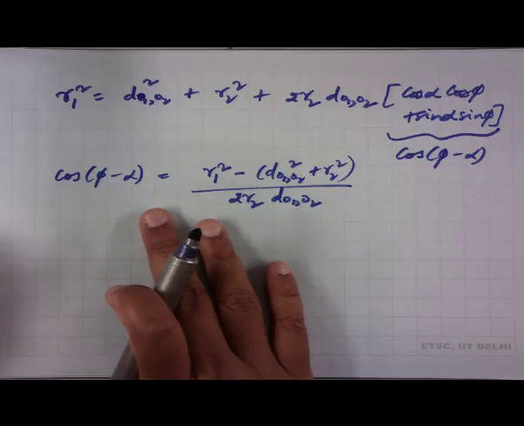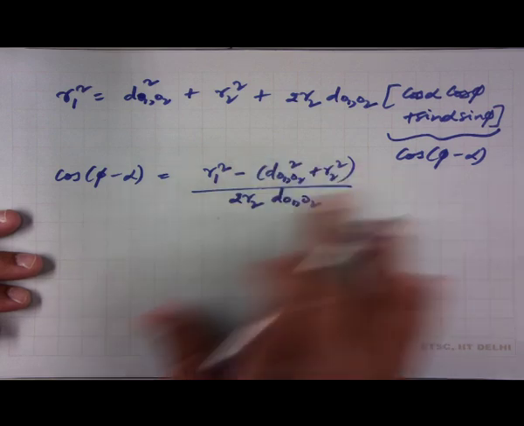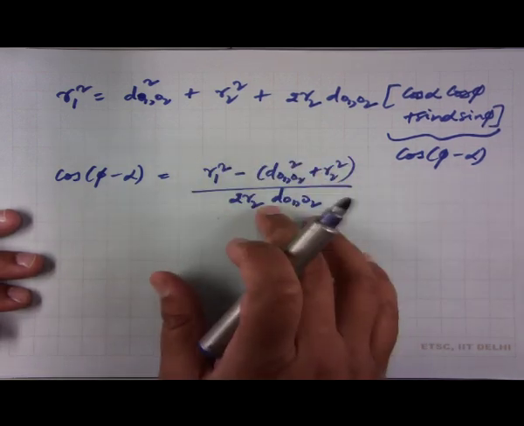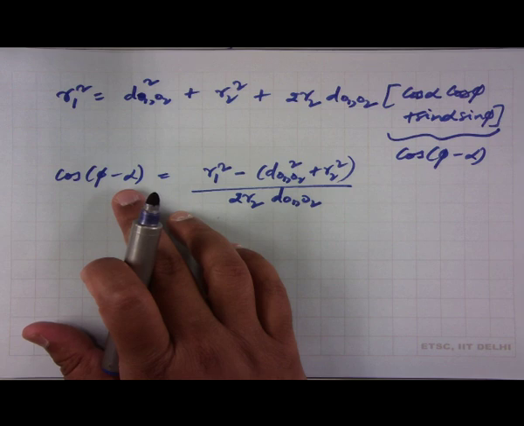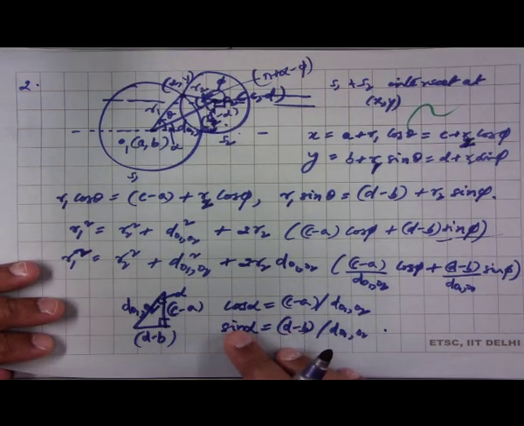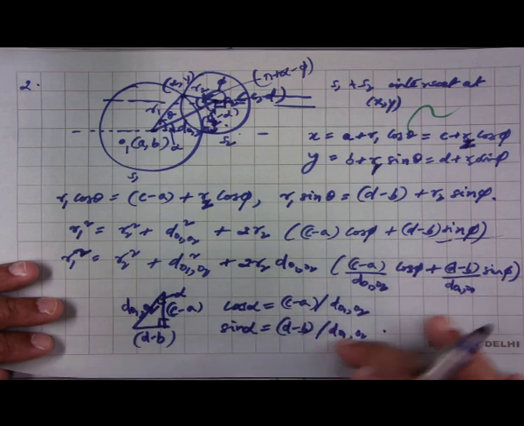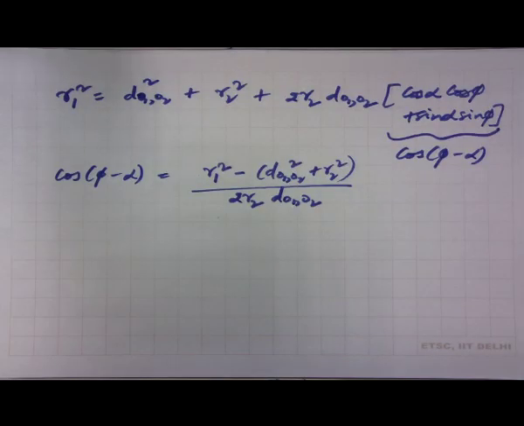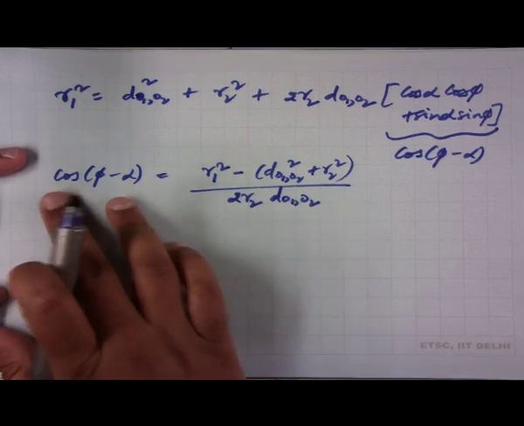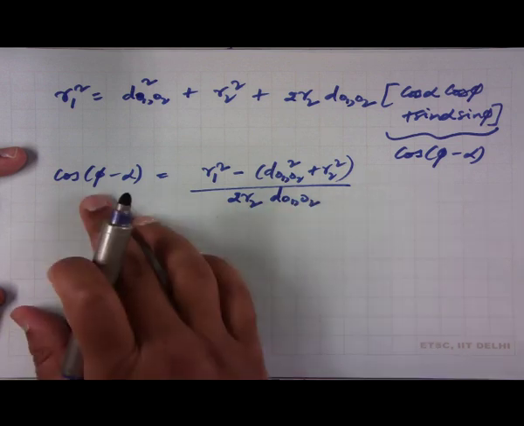And we have reached this point where this right hand side is completely known to us. Alpha is also known to us, because if we recollect, cos and sine of alpha are trigonometric ratios of known quantities. So, alpha is also known, and therefore, we should be able to find out phi.